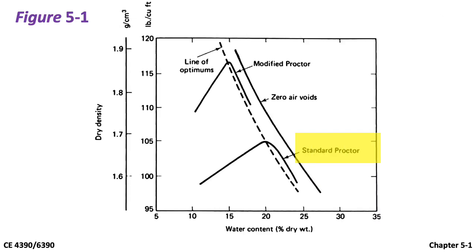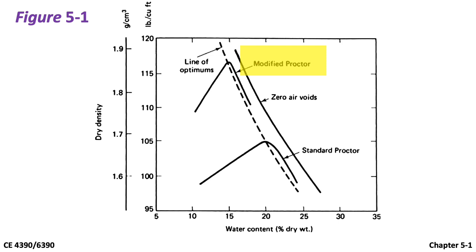This is Figure 5.1 in your textbook. This curve highlighted in yellow here results from the standard test. It shows the relationship between water content and dry unit weight. This curve is from the modified Proctor test. As you can see, given the same water content, test 2 leads to a higher dry density.